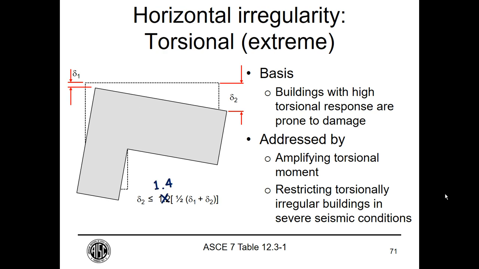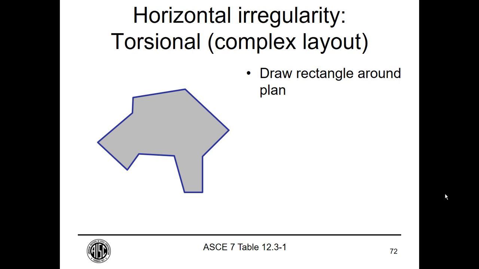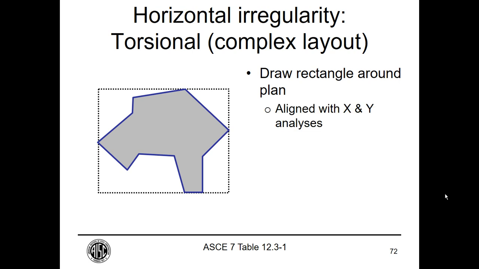There's an extreme torsional irregularity version of this, and that's just 1.4 instead of 1.2 as the threshold. So if we have that extreme irregularity, that means that delta 2 is more than 140% of the average. When you have a complex layout, it's pretty easy to do. You can just draw a box around it.